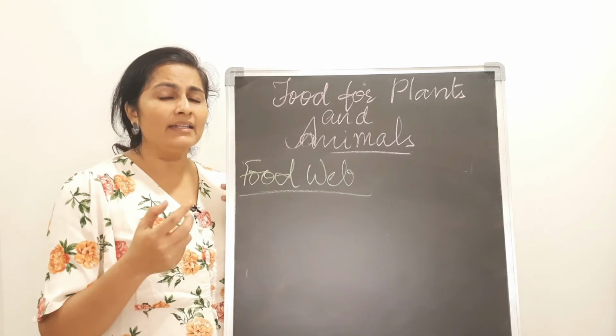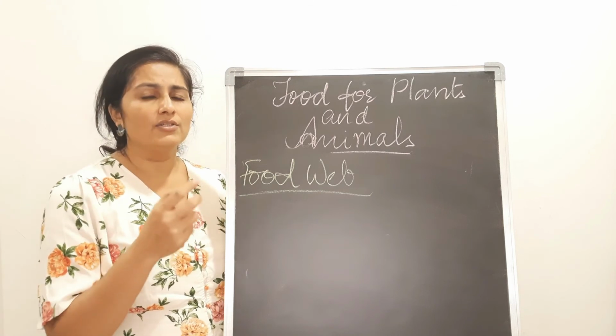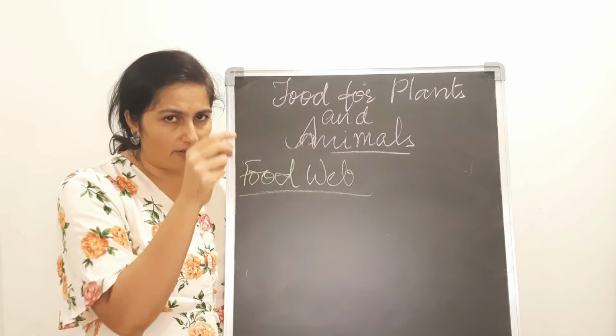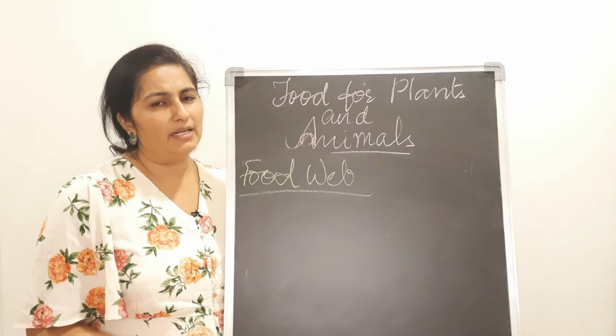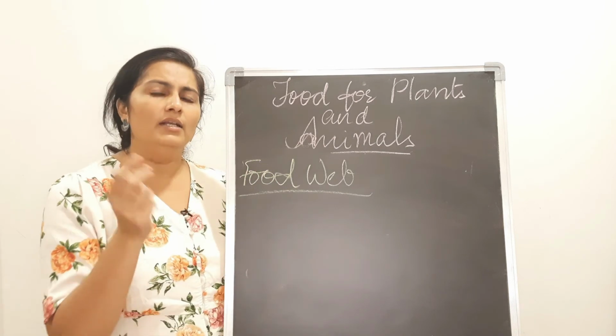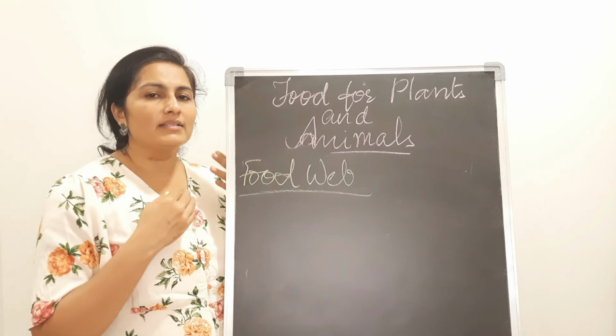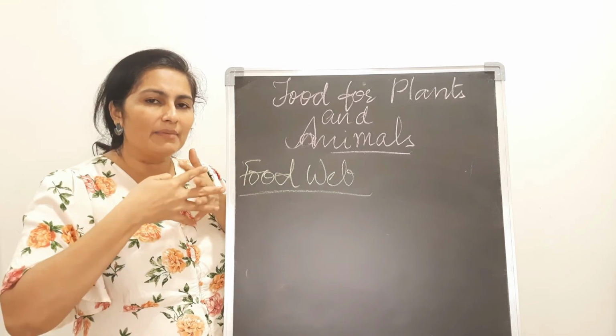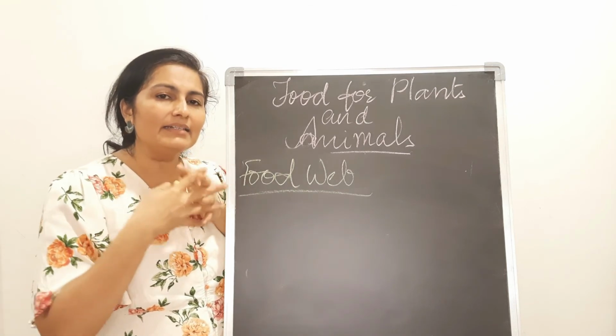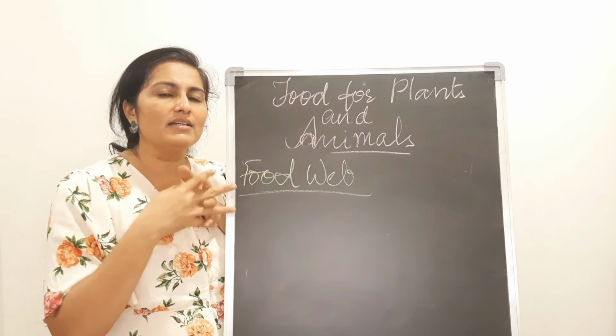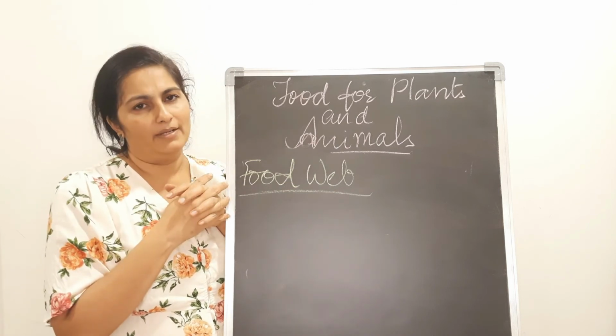And then deer, buffaloes and all won't just eat only grass. They'll go and eat the leaves of other plants also, like a shrub or a herb and all. They will eat, right? So, that is when these food chains become interlinked, and that interlinking of food chains is called as a food web.